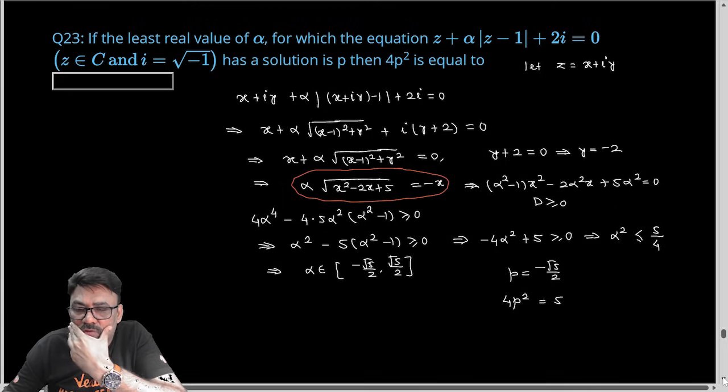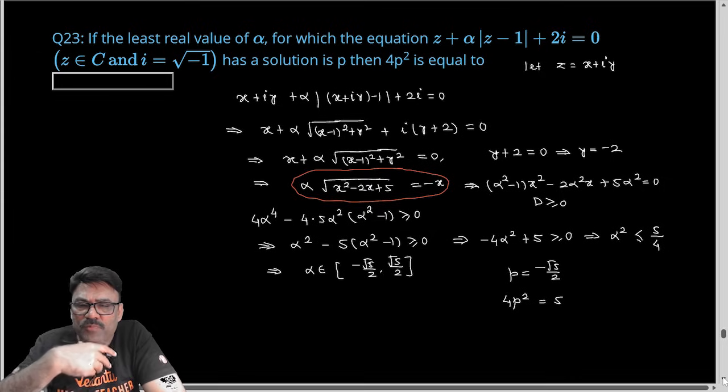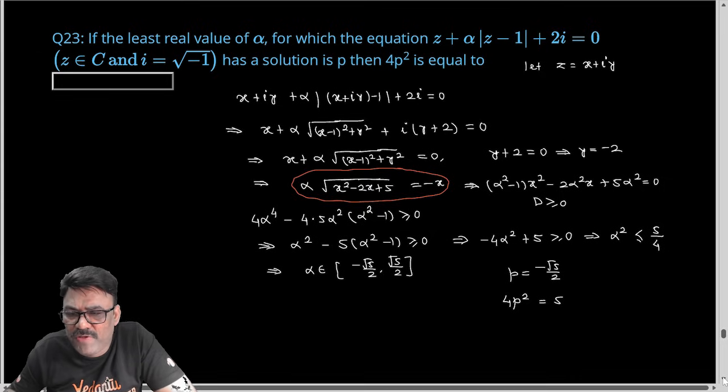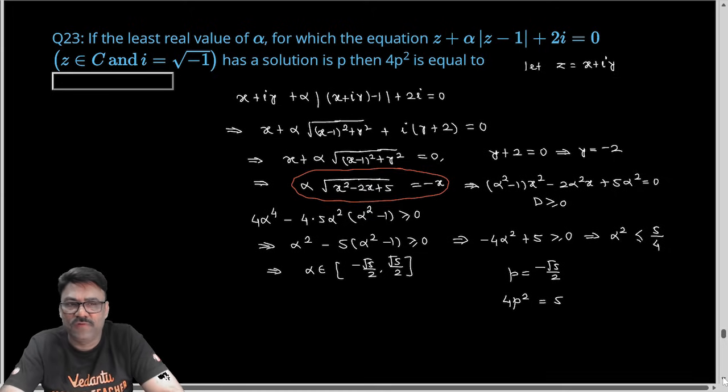So if I'm taking P equal to minus root 5 by 2, the corresponding value of x should be positive. P is the value of alpha. If I take alpha equal to minus root 5 by 2 and solve this equation, you will get a positive value of x, meaning equality holds.